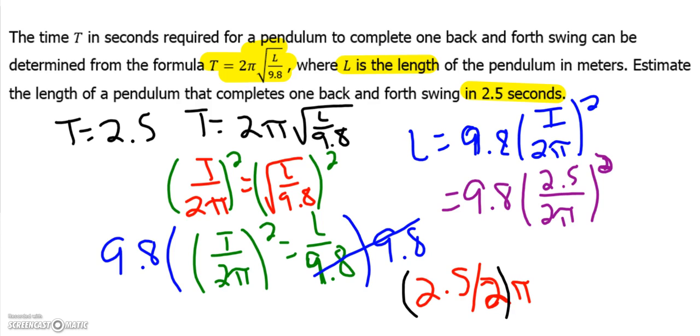So whenever you do this, you need to put 2.5 divided by parenthesis 2 pi, close your parentheses. Hit enter, then hit squared, then hit enter. When you do this, you get 1.55, which rounds to 1.6 meters. And that's your answer.